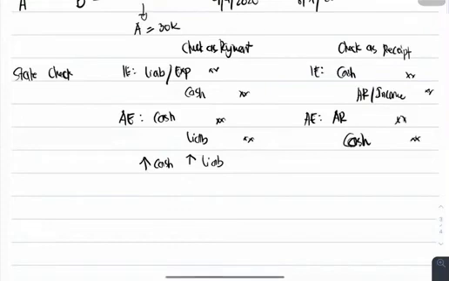So what happens? Your cash will decrease and your accounts receivable will increase. That's why the effect of a stale check whenever you receive it is it decreases cash. Why? You do not have the right anymore.